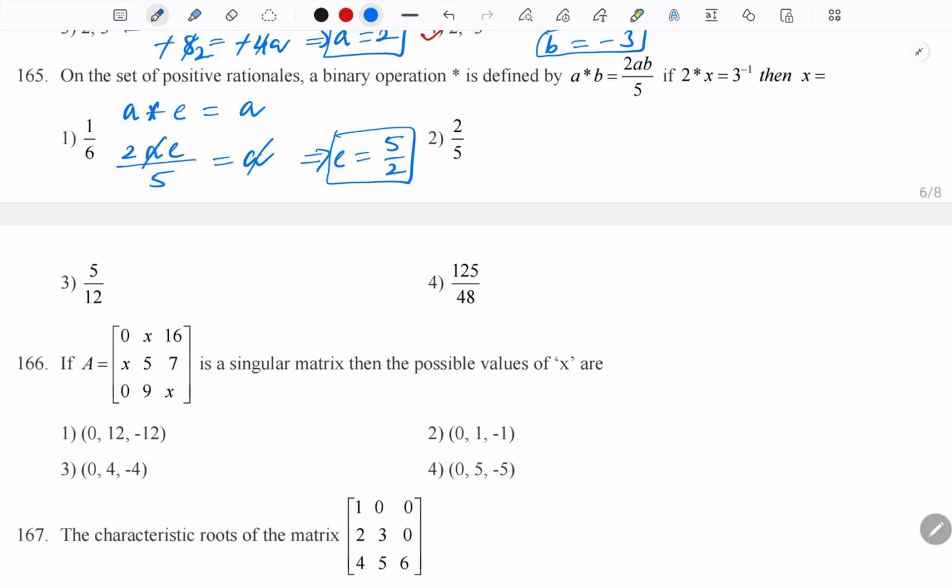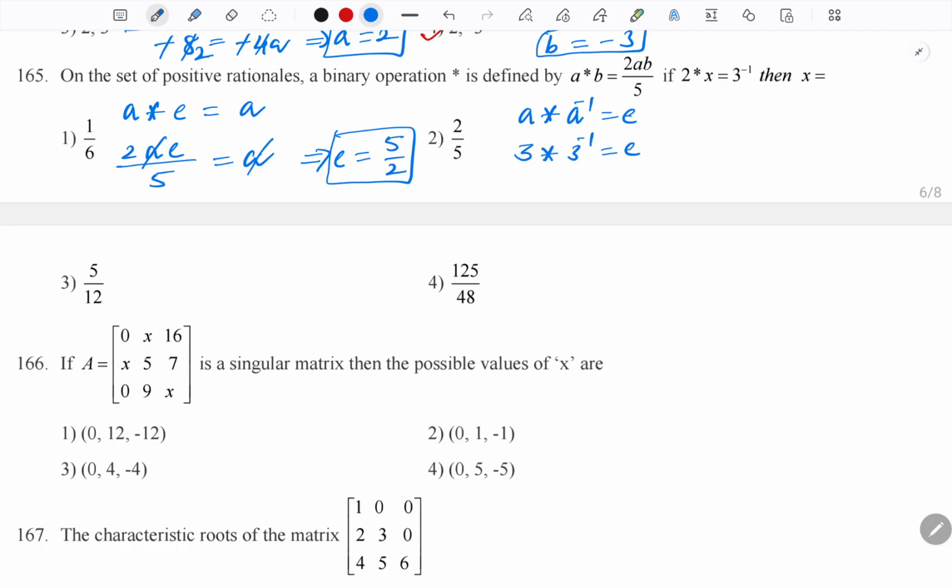Next one. So what is the next identity here? Inverse. What is the inverse here? a star a inverse equal to e, right? Instead of a, what they gave here is 3 inverse. Okay, take a as 3 first. Now 3 binary operation 3 inverse equal to e, right?